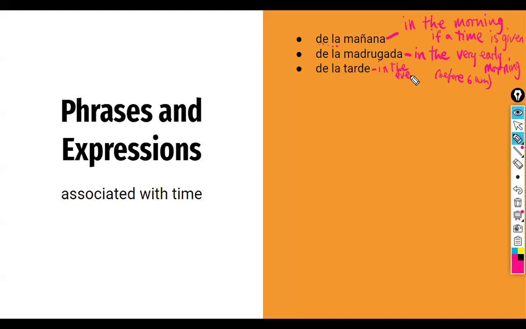Right? So even though de means of most of the time, or from, in relation to expressions of time, it means in.